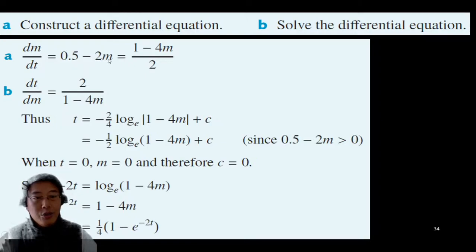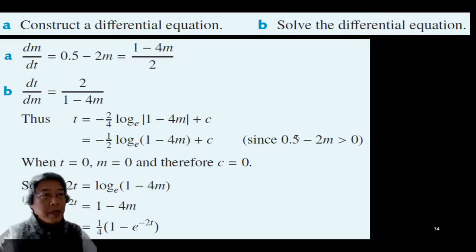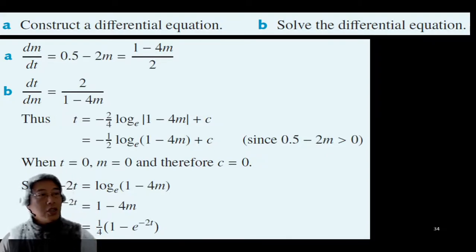That's minus 2m. So don't forget that. If you don't set it up properly, all the working out you do after is going to be incorrect. So here we have that expression.